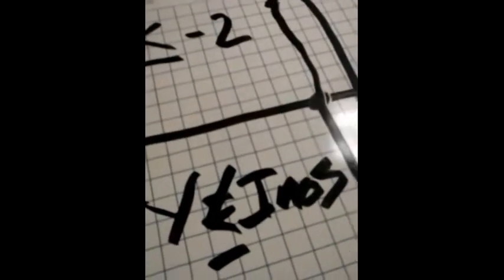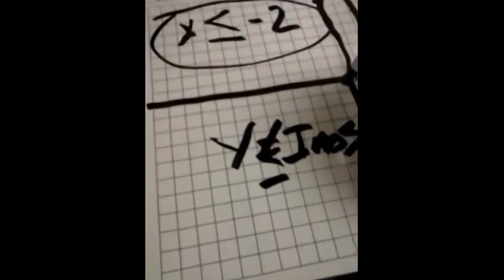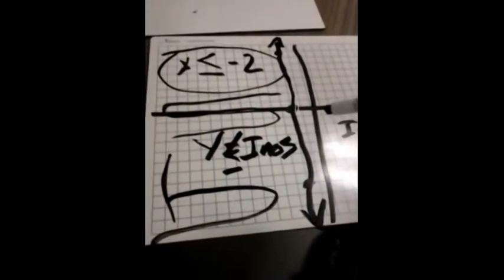Alright, and there is your answer. Oh, don't forget to shade. So x has to be less than, so shade this side. Alright, and there's your answer.